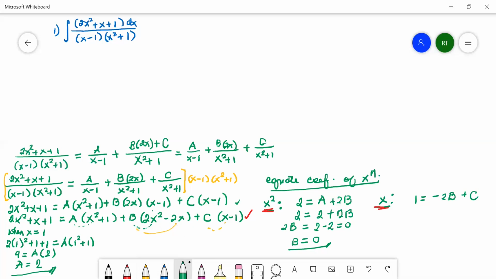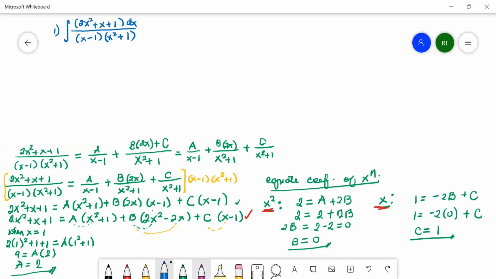Since a is equal to 2 and b is equal to 0, then 1 is equal to negative 2 times 0 plus c. Therefore, if we solve for c, then c is equal to 1. So a is 2, b is 0, and c is 1.